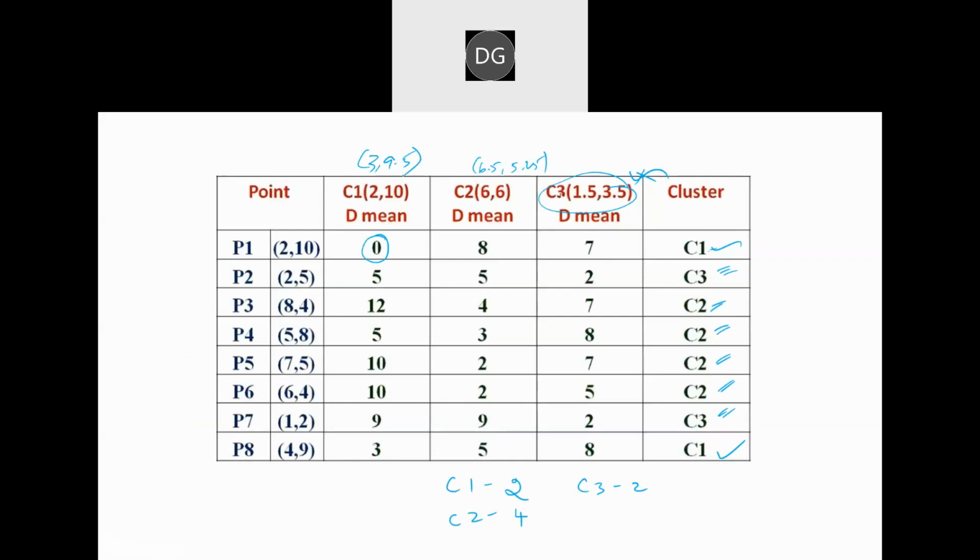So for this you have to find the Manhattan distance between one point to the another point. Like that, if you are doing means after some certain point, this also will become constant. Okay, no any change will be there in the previous value and the current value. That time you will stop this process. Clear?